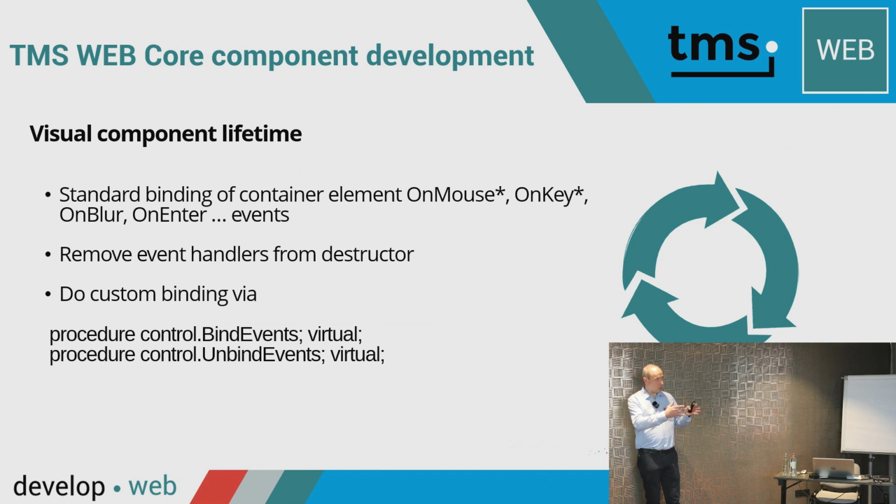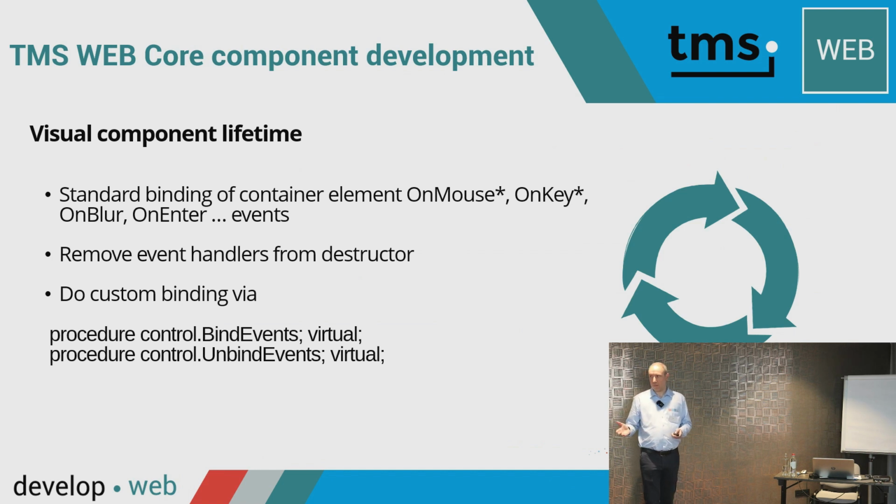So the custom control is already doing a lot of the standard JavaScript events, but there might be, on some specific HTML elements, some JavaScript events that are not commonly used, commonly available, and then you can do custom binding.